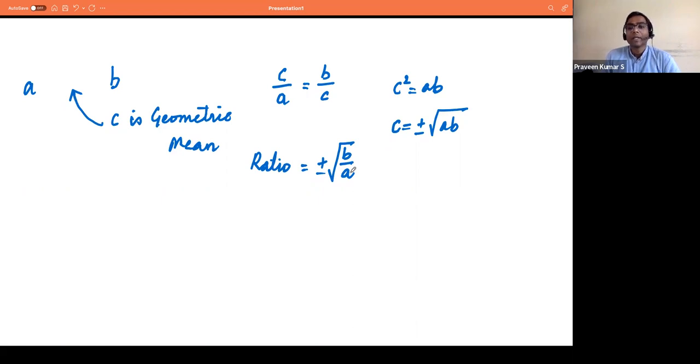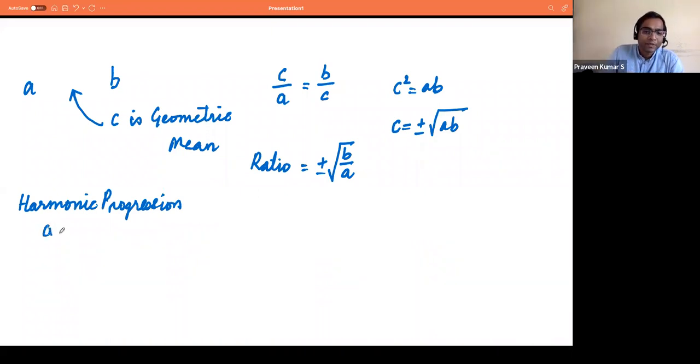Okay. The third interesting type of progression is called a harmonic progression. The harmonic progression is one scenario where you take the reciprocals.